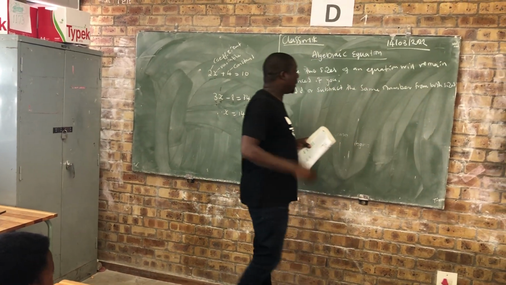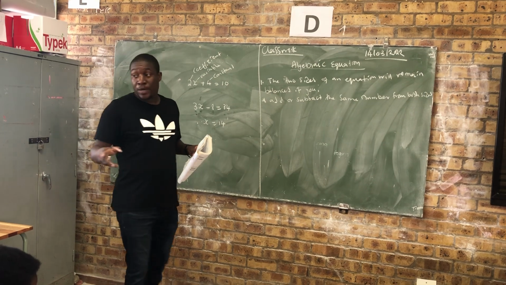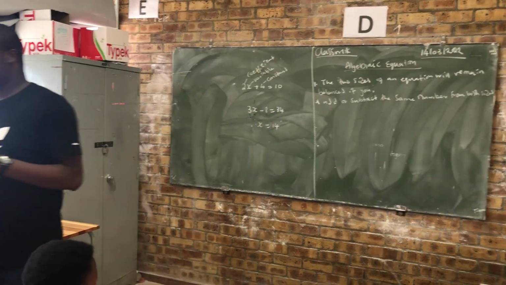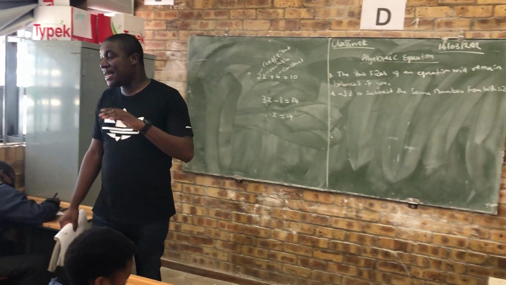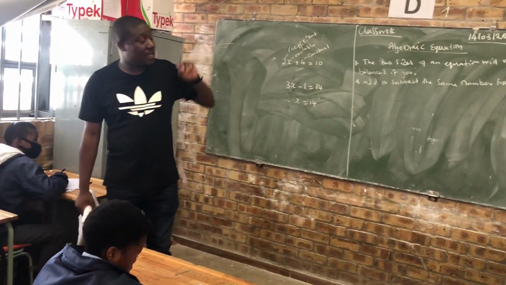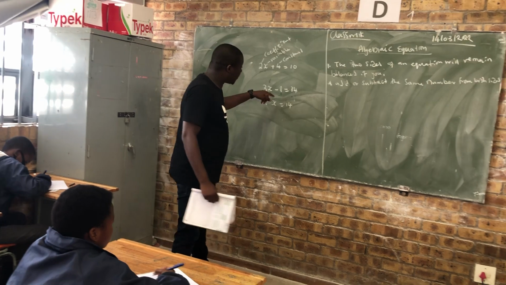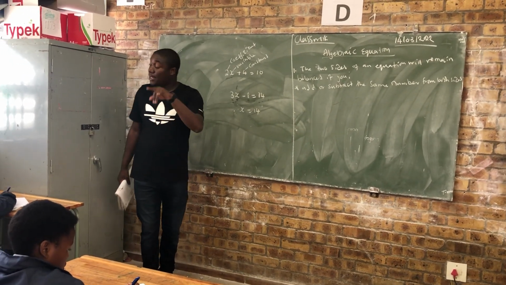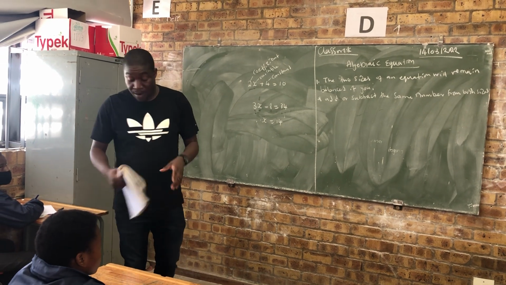That is what we should keep in mind: when you add or subtract the same number on both sides, the equation remains balanced. That means it does not change, because it's balanced by the equal sign, which represents that both sides are equal.